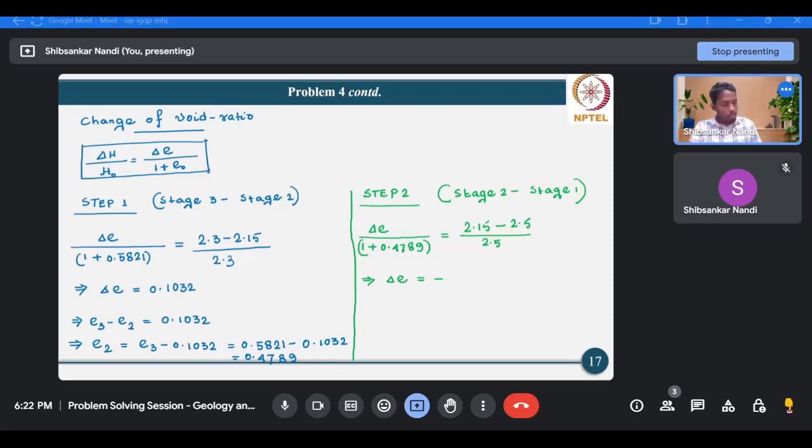So it's minus 0.2408. Our delta E is basically E2 minus E1.